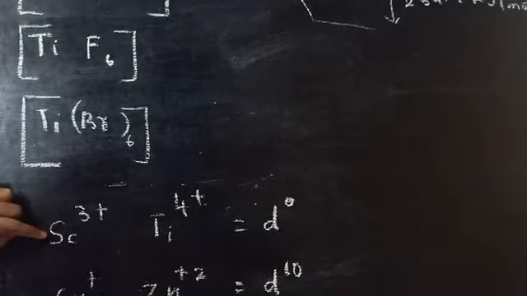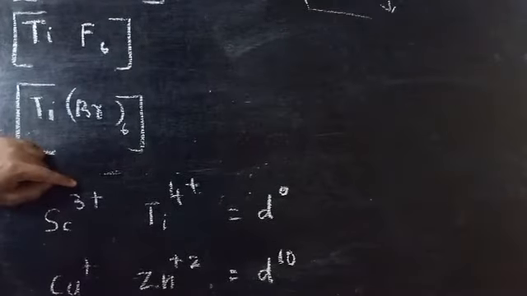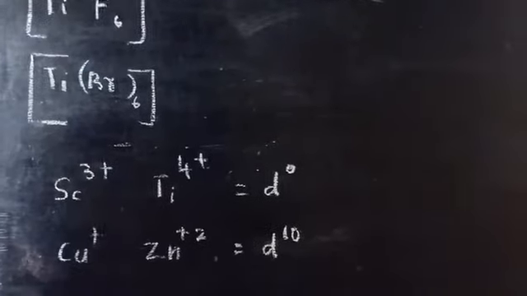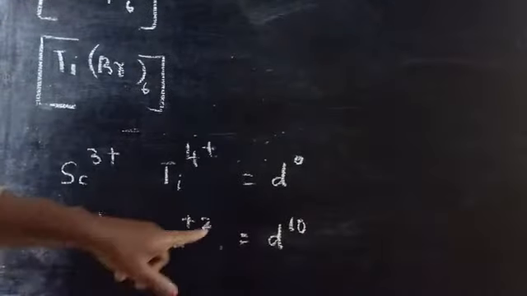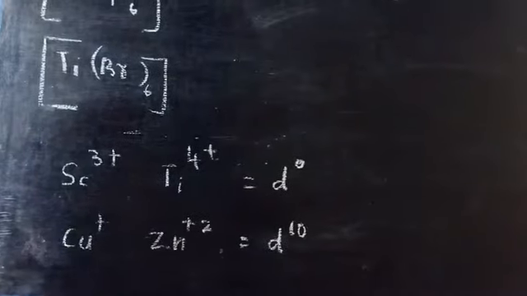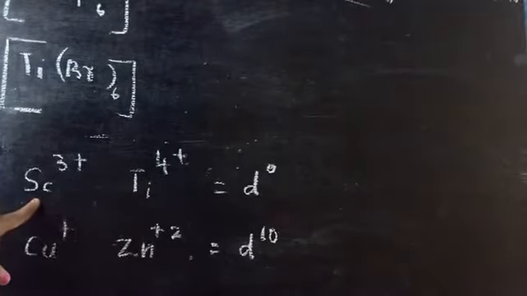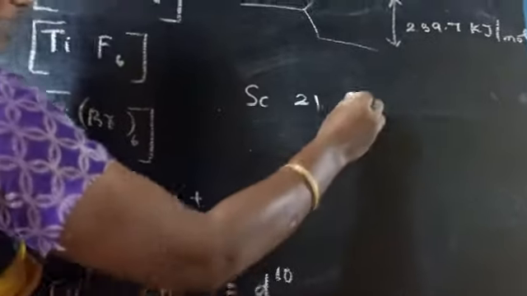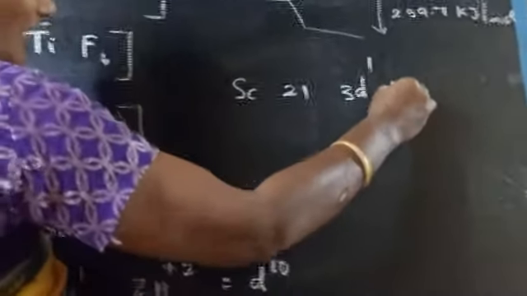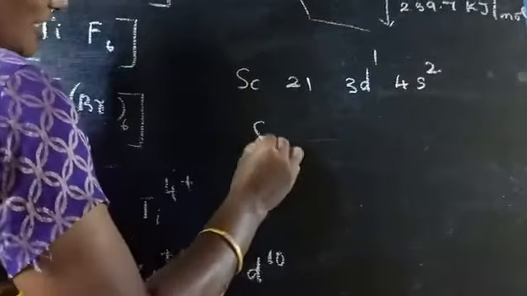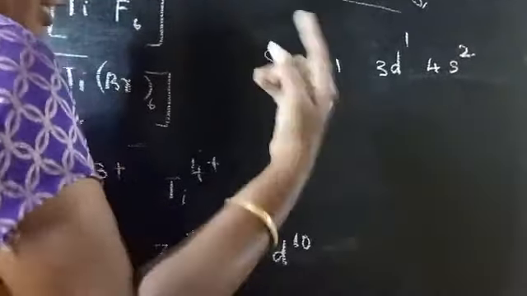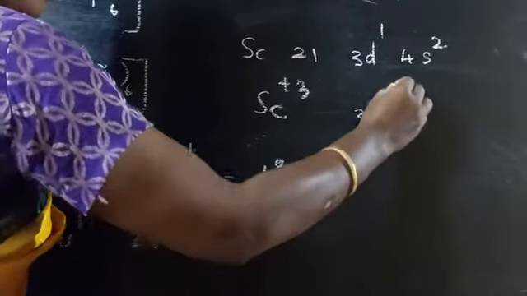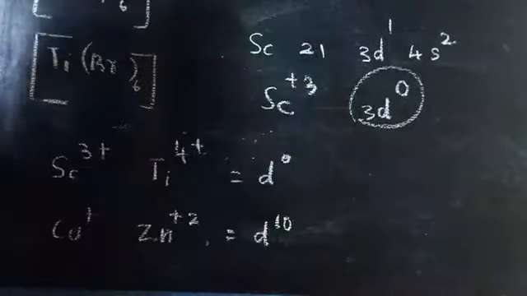At the same time, in the transition elements, some elements are exception cases. In the scandium 3 plus oxidation state, as well as the titanium 4 plus oxidation state, the d orbital is 0. I want to write the example clearly. Scandium has atomic number 21 and electronic configuration 3d1 4s2. For Sc3+, 3 electrons are lost, 2 plus 1, so 3d0.